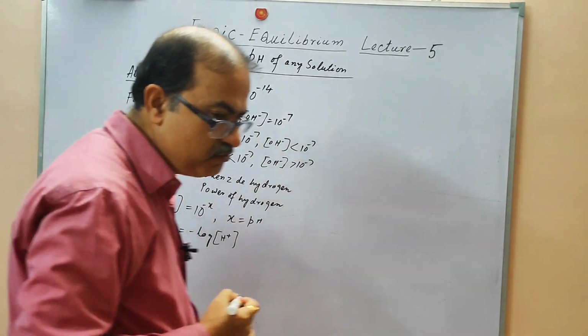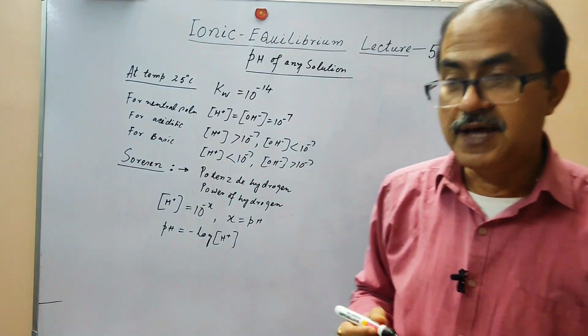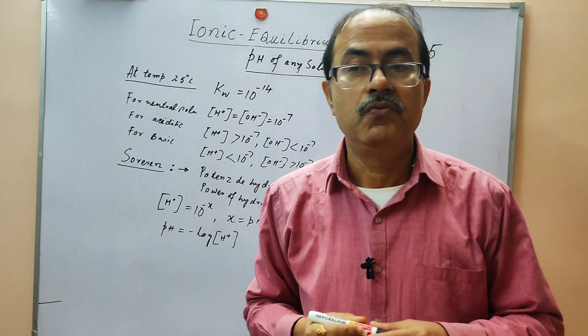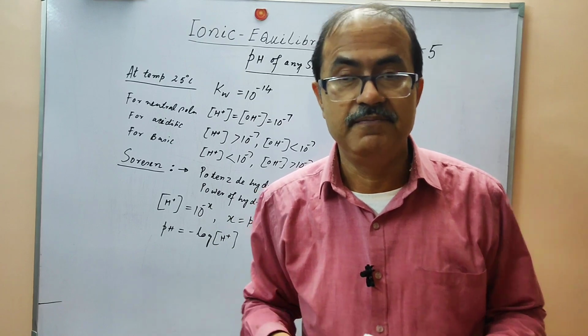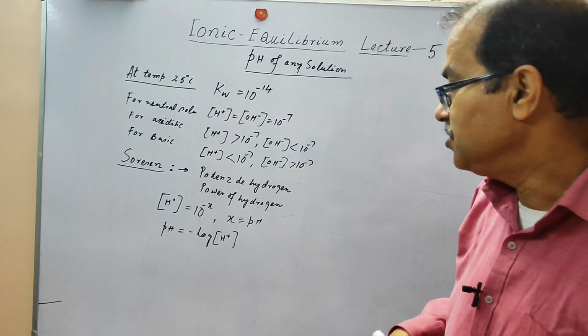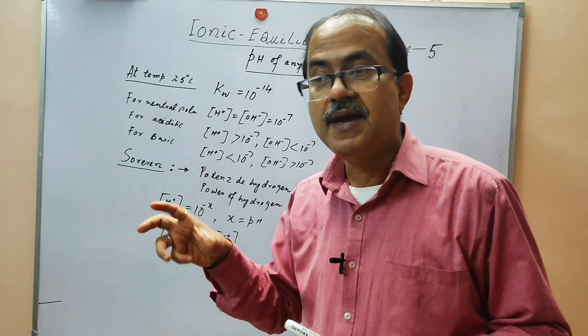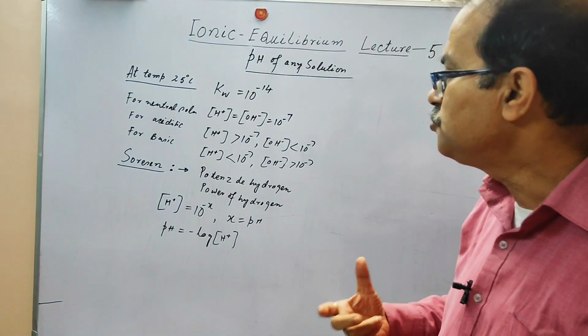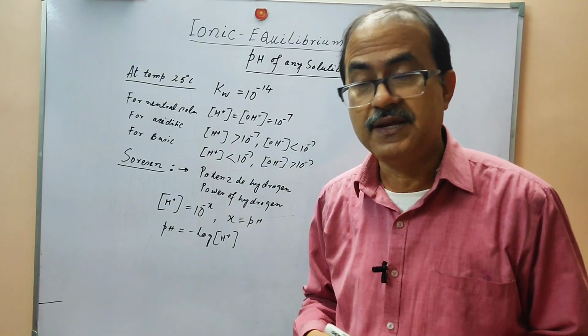So pH is basically the negative logarithm, with the logarithm taken to base 10, of the hydrogen ion concentration. And this concept is very useful for other species also, which we will discuss later on.